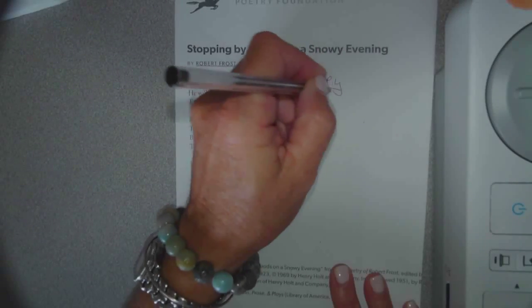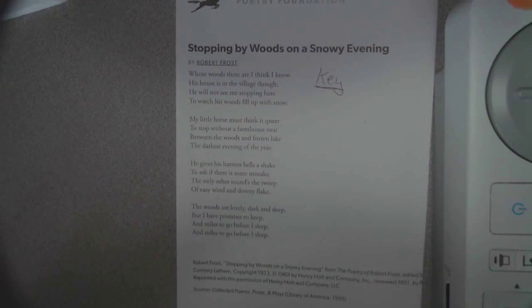Okay? We are annotating through looking at these techniques in order to respond in writing. How does the author, the writer, use literary techniques in order to convey meaning, tone, and mood, right? And from that, how do we apply it to our lives?